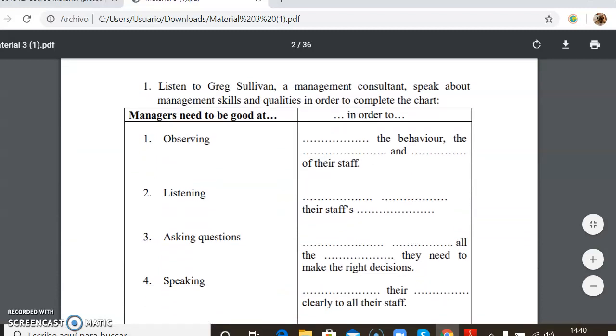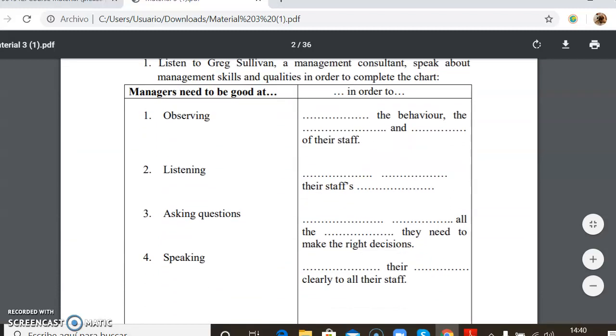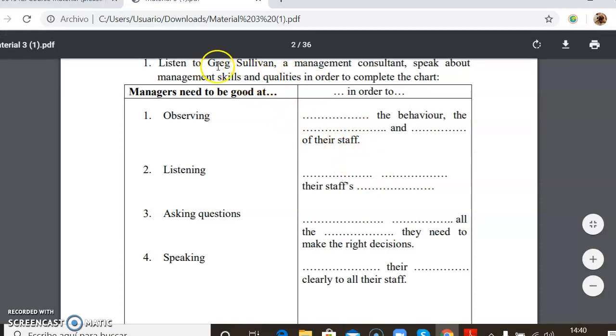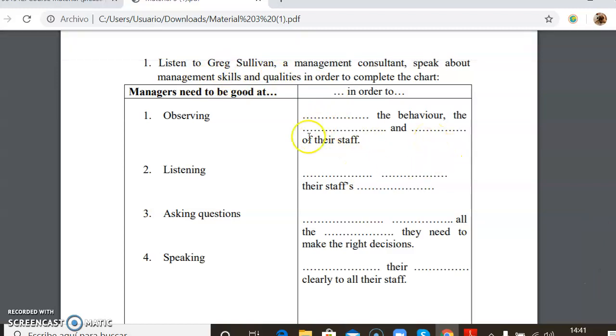Now we have this listening by Greg Sullivan. You have to fill in the information, the words that I will say. So I'm going to read something now, a text, a reading by Greg Sullivan, a management consultant, and he's going to speak about the important management skills and qualities that a good manager should have. So what they should be good at.